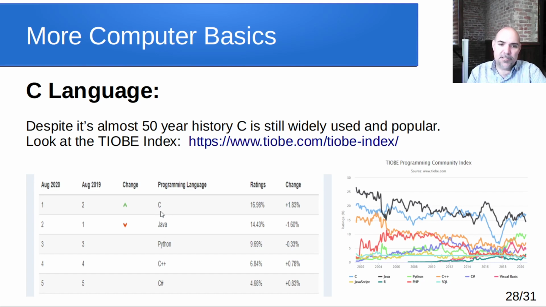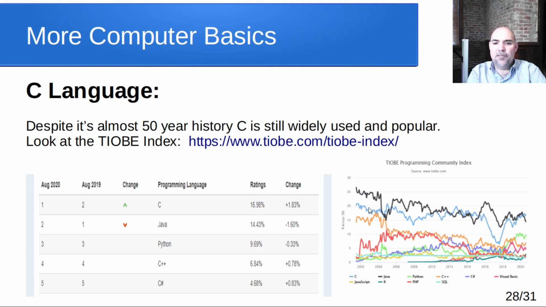Still, after 50 years, even though we have all these other programming languages, C is still at the top of that TIOBE index. And this is a chart of them starting in 2001 or so. But you'll notice that C language, which is the bluish colored one here, has remained very popular, had a little dip here, but then came back.